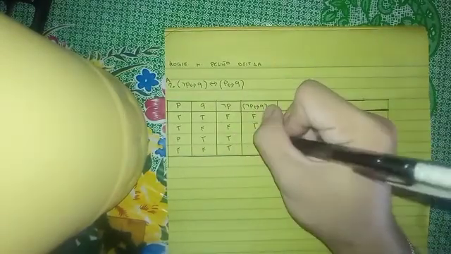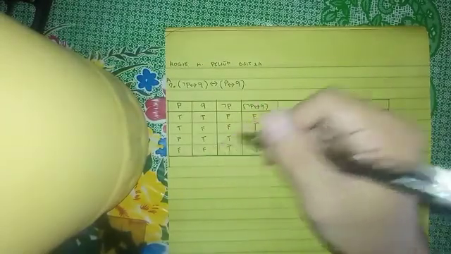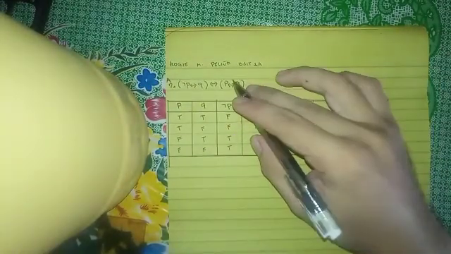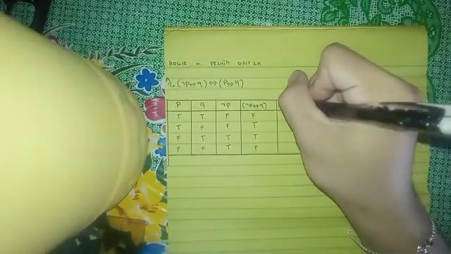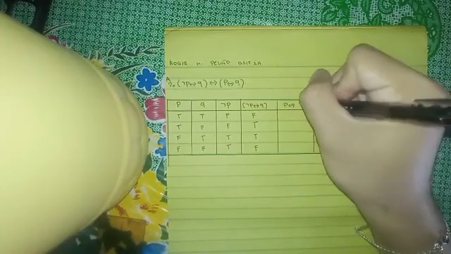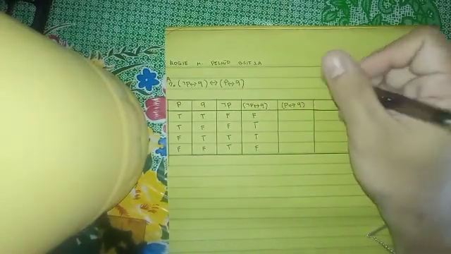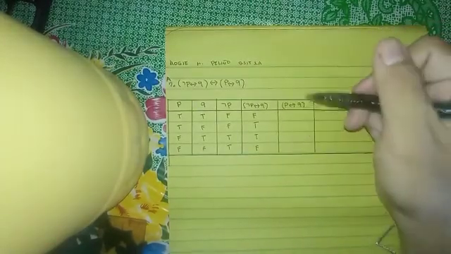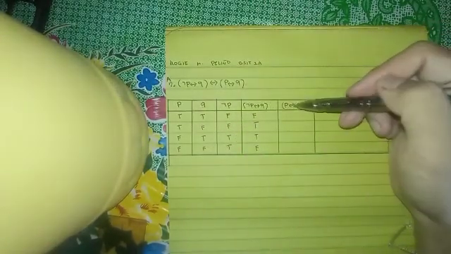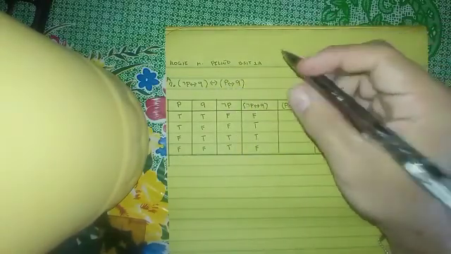So true and false is not the same. Then we're going to copy this one, P conditional Q, and then we're going to solve this too because this is not negated, it's P.